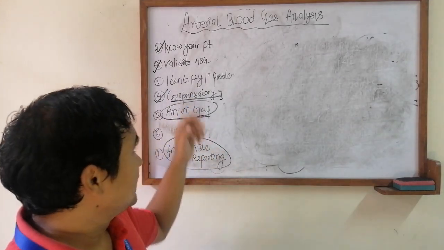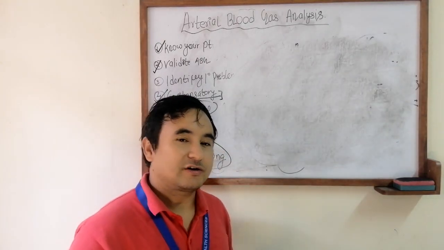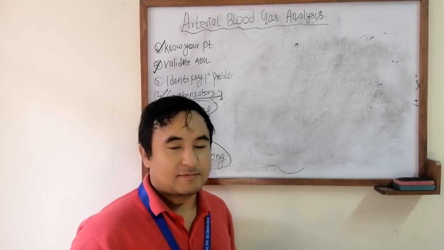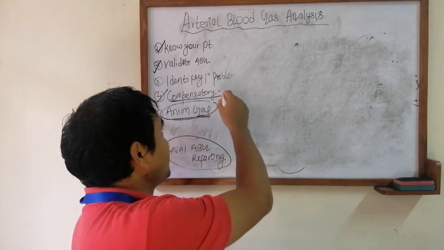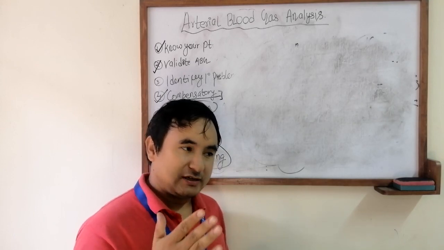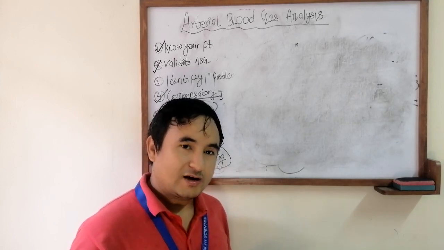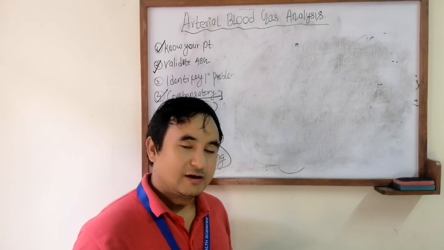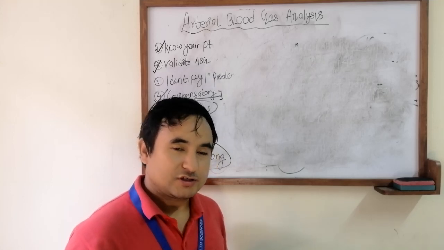Then after looking at whether there is respiratory acidosis, respiratory alkalosis, metabolic acidosis or metabolic alkalosis, you have to check for the compensation. For respiratory acidosis, it's 1 for 10 and 3.5 for 10 in acute and chronic respiratory acidosis.